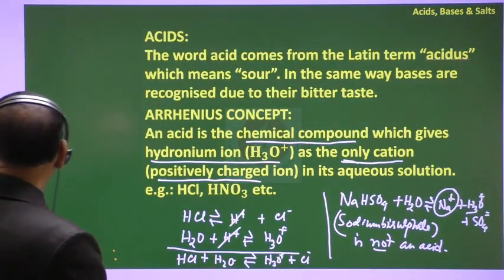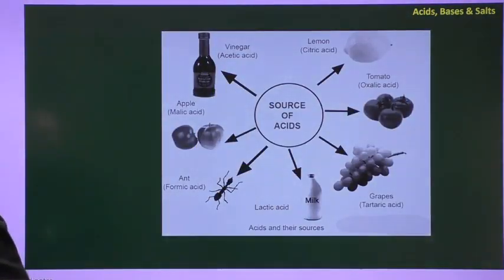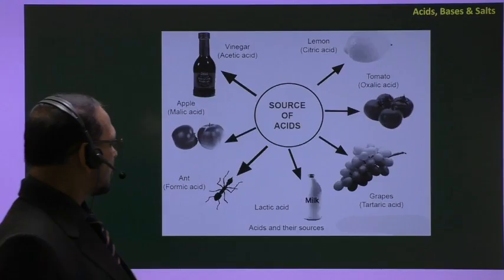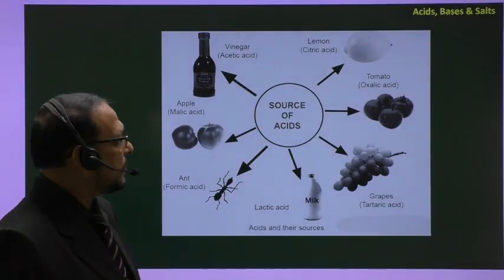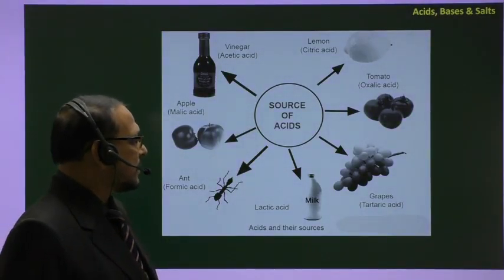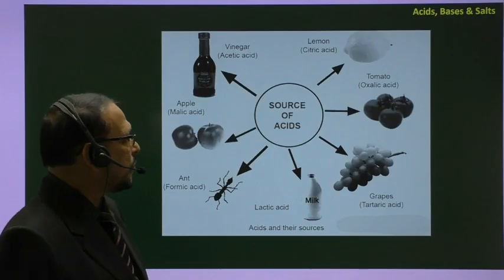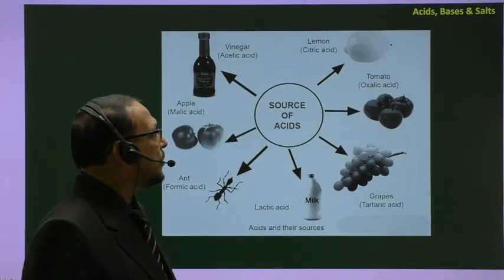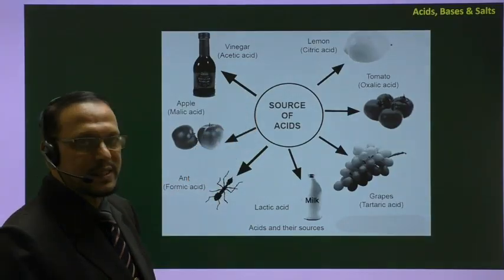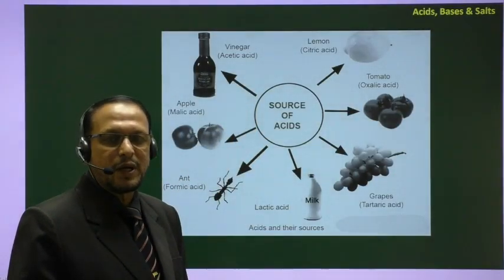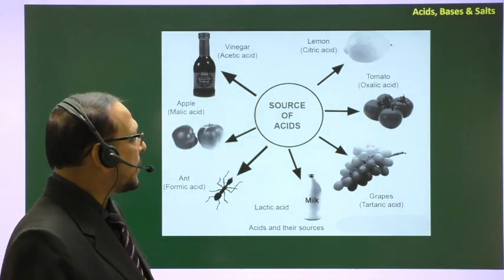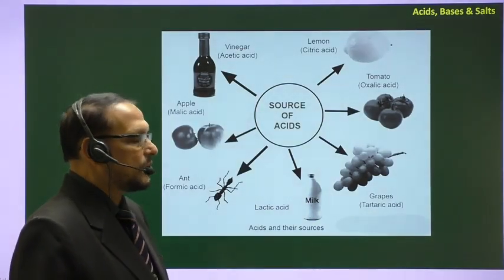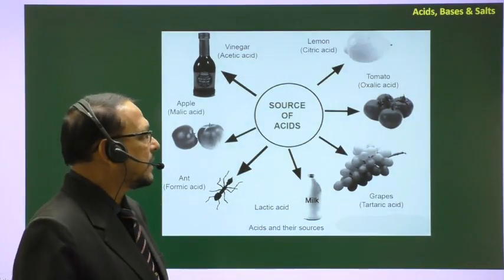Now let us come to some pictures of the sources which contain acid. I have already told you that lemon contains citric acid. In the exam they often ask what acid is present in the lemon. That is citric acid. What acid is present in the tomato?